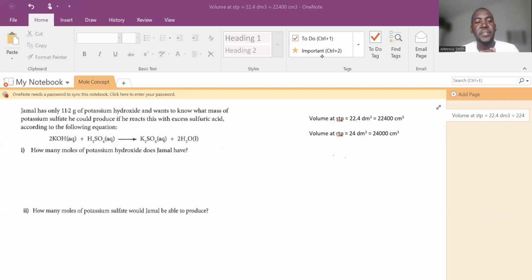The first question says, Jamal has 11.2 grams of potassium hydroxide and wants to know what mass of potassium sulfate he could produce if he reacts this with excess sulfuric acid, according to the following equation. As we notice here, the equation is balanced. We have two K's on the left, two K's on the right.